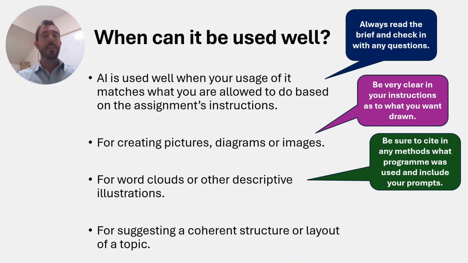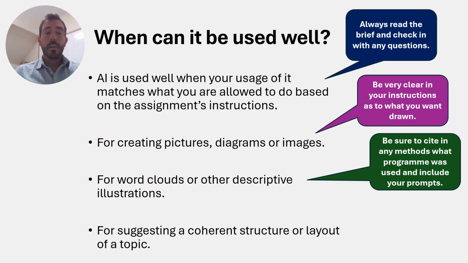Cite it in the same way as you would cite a stats package that you've used to generate your stats output. If you use R, for example, in your statistical analysis, it's great practice to include the R code that you used for that text. In the same way, explain the AI package and explain the prompt that you used to get that output generated.